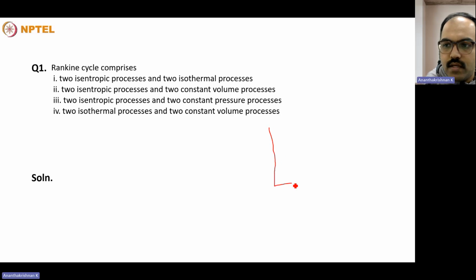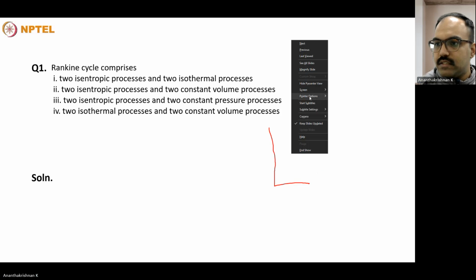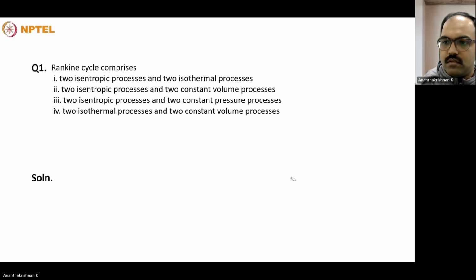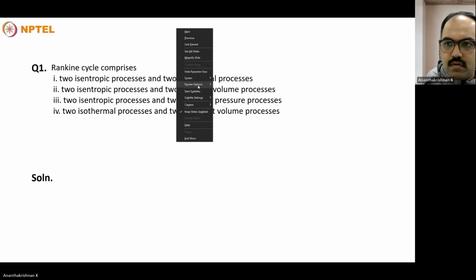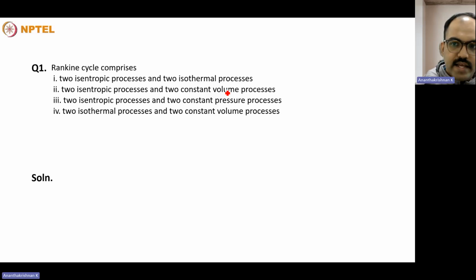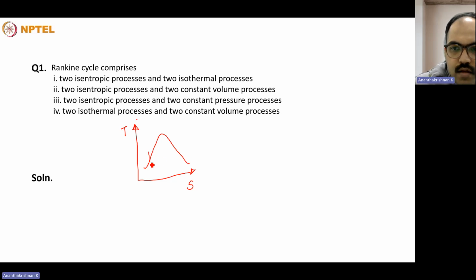So if you try to plot it in a TS diagram, and you have got a vapor dome, the first process will be isentropic work input, isentropic process that is in the pump.